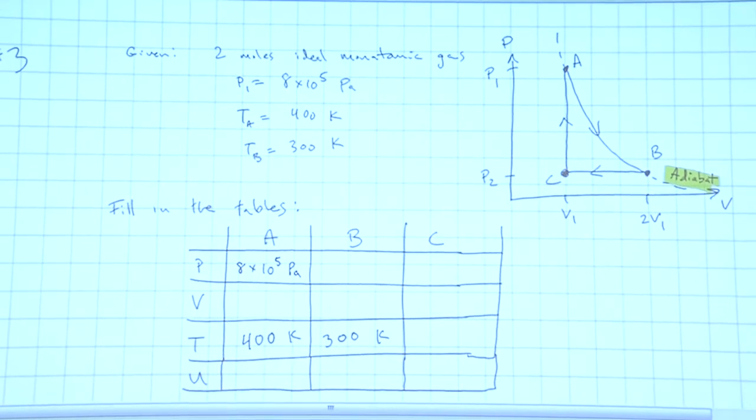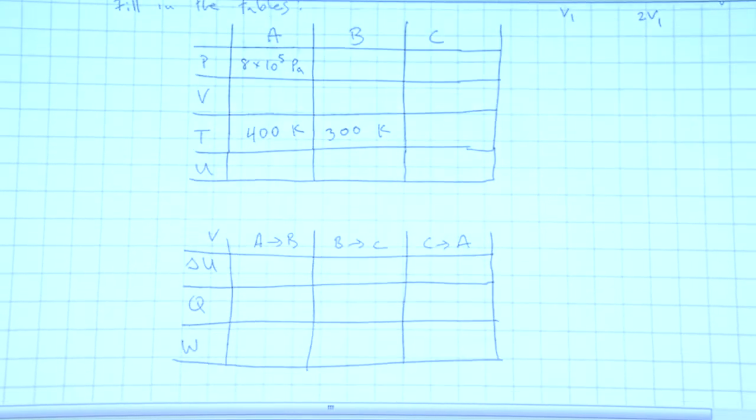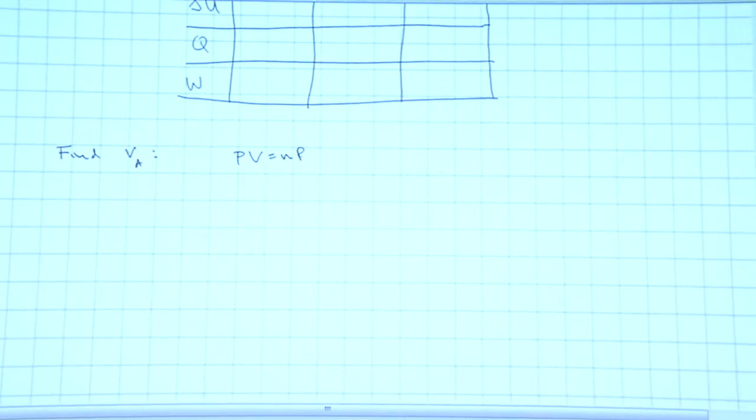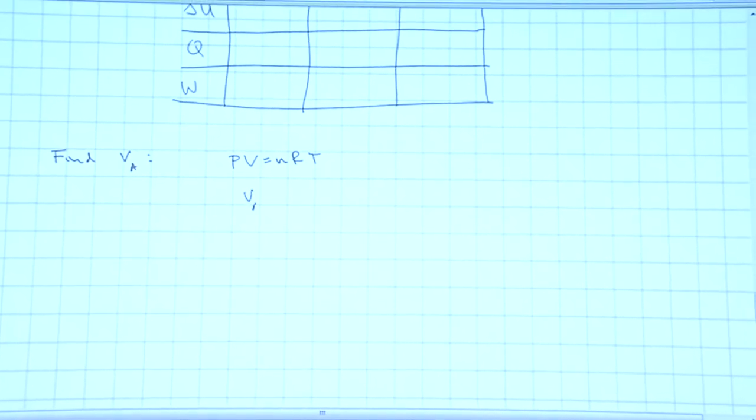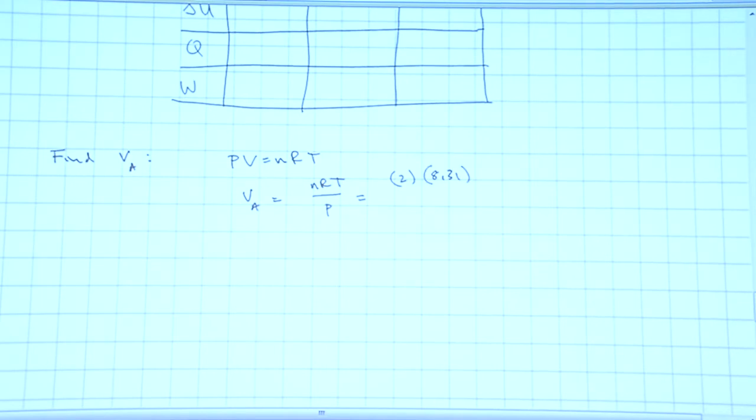So we're going to find the volume at A. nRT over P. 2 moles, 8.31 joules per mole Kelvin, 400 Kelvin, all over 8 times 10 to the 5th pascals.